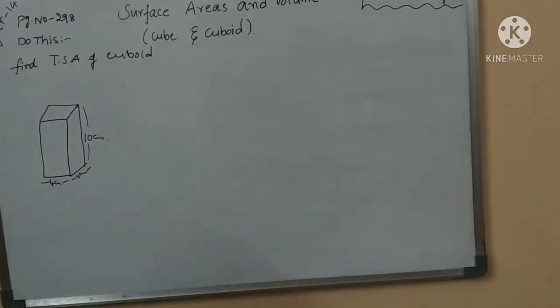Next, page number 298, do this. Find the total surface area of the cuboid. We know the formula.